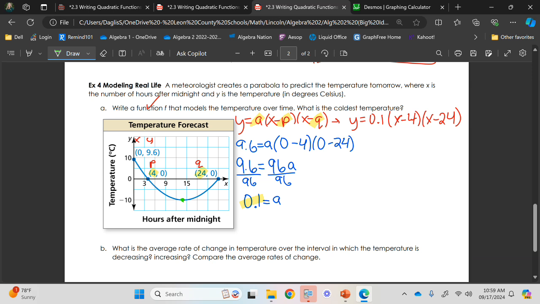How do we find h when we had two intercepts? If you have two x-intercepts, how do you find the axis of symmetry? Yeah, it's in the middle. So you can add them up: 4 plus 24, cut that in half. That gives me 28 over 2, which is 14.